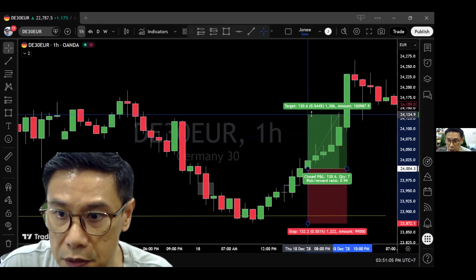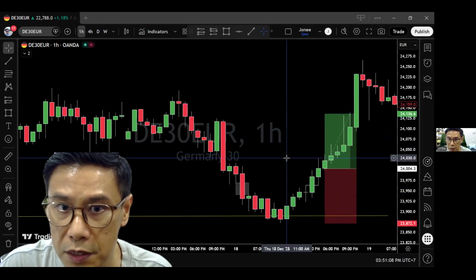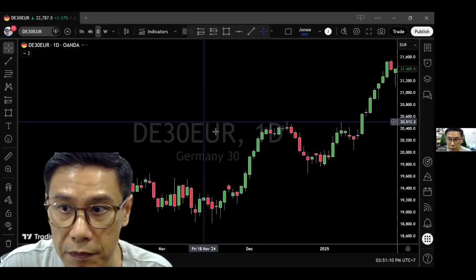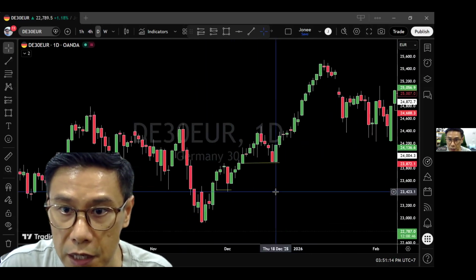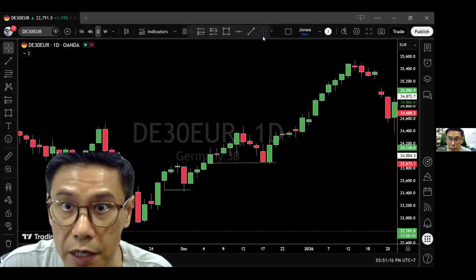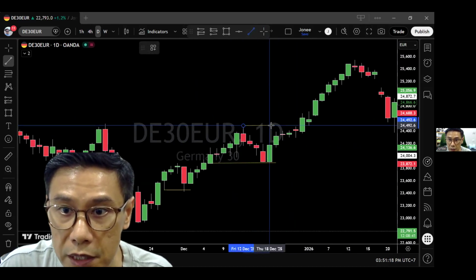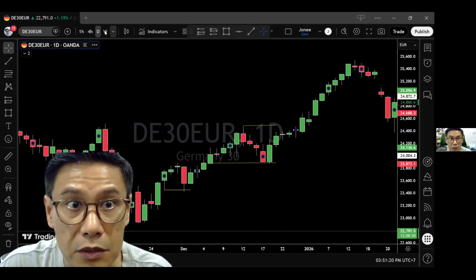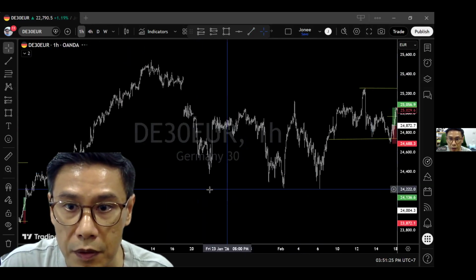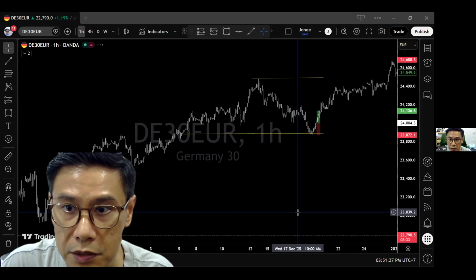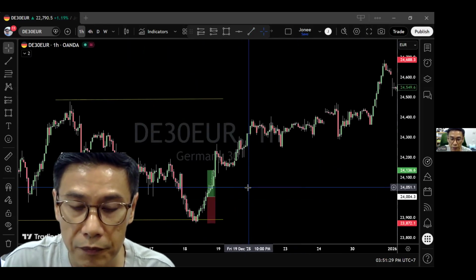First TP is 1:1. Let's go to daily time frame, making sure that we know exactly where the next swing high is at. So this is where the next swing high is at. Okay, let's go back to our 1 hour. Okay, so our 1:1 is safe right there.